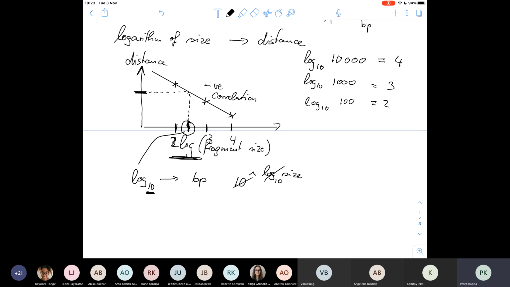If I decide to plot it by the natural logarithm, ln of size, which I could do, which also would give me a straight line, then I would need to do e to the power of the ln of the size. But most common is log 10 for the fragment size. Okay, happy with that?